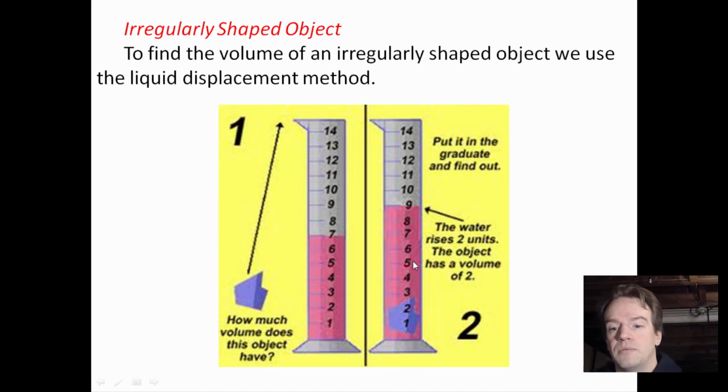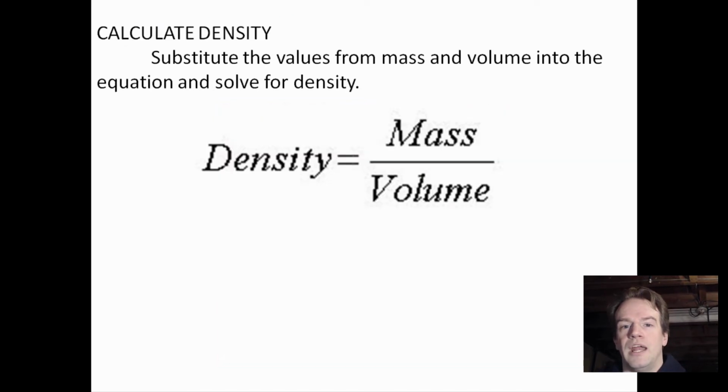And in this case, I would assume it's probably 2 milliliters. So this is how we find the volume of irregularly shaped objects. And after we find the mass and the volume, we can then calculate density. Try some problems.